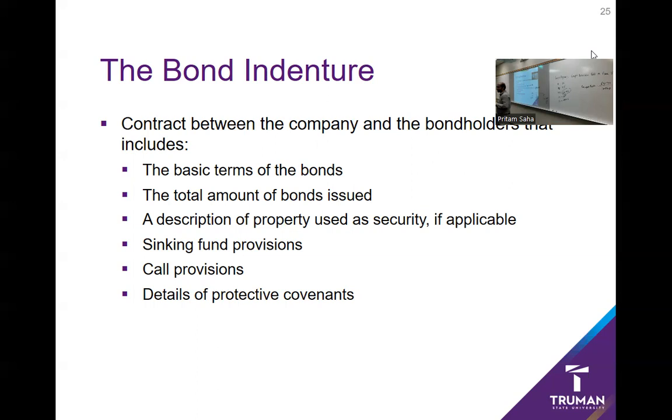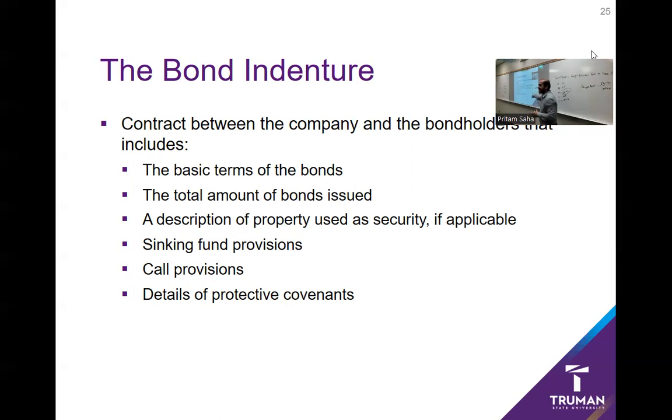Maximize shareholders' wealth, right? So corporate managers will work for stockholders, right? They may not work for the bondholders, right? So sometimes bond investors want to restrict corporate managers. This is called protective covenants.